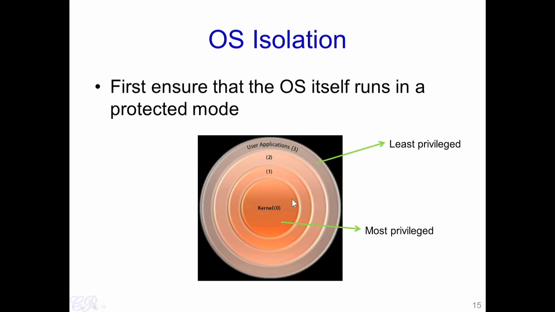So, in order to achieve this, most processors and most operating systems have this ring like structure. Essentially in the Intel platforms, that is the Intel processors, there are four rings: ring 0, ring 1, ring 2, ring 3. Now ring 0 is where the operating system executes.